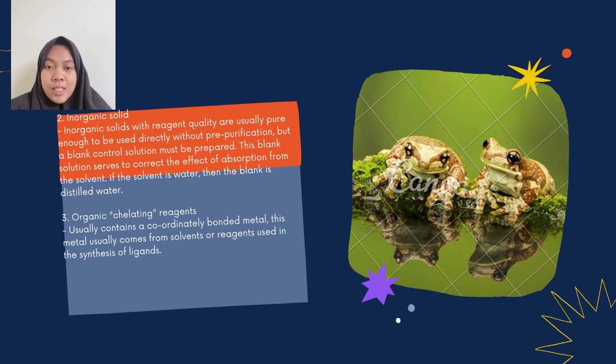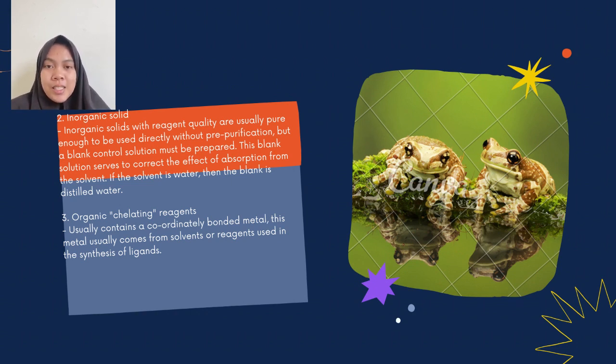This metal usually comes from solvents or reagents used in the synthesis of ligands.